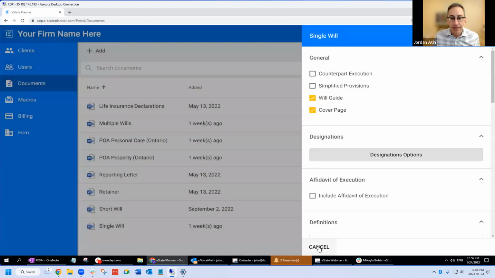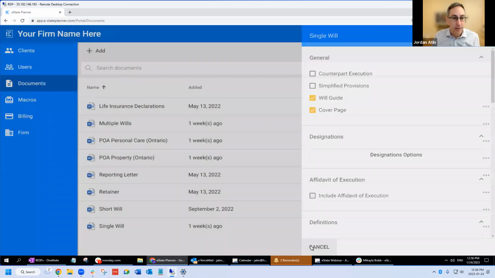Now, just so you know, if you don't give the life insurance away, or the client doesn't have life insurance, there's not going to be a life insurance declaration, just as you would expect. And same for RSP designations. If you haven't gifted them in some way in our joint and designated asset section, then they won't appear in the will.